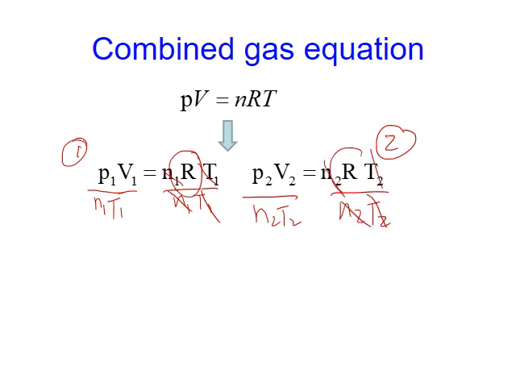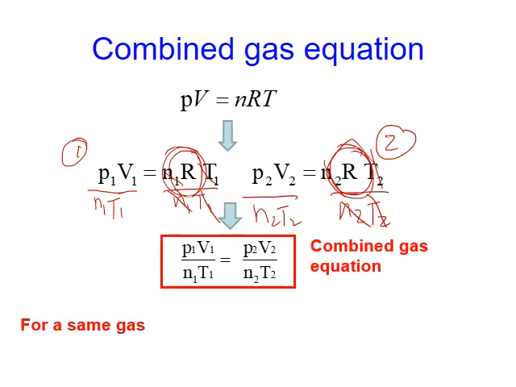And the right side also becomes gas constant R. Now gas constant R is the same value, and therefore we have a combined gas law which says P1V1 over N1T1 equals P2V2 over N2T2.